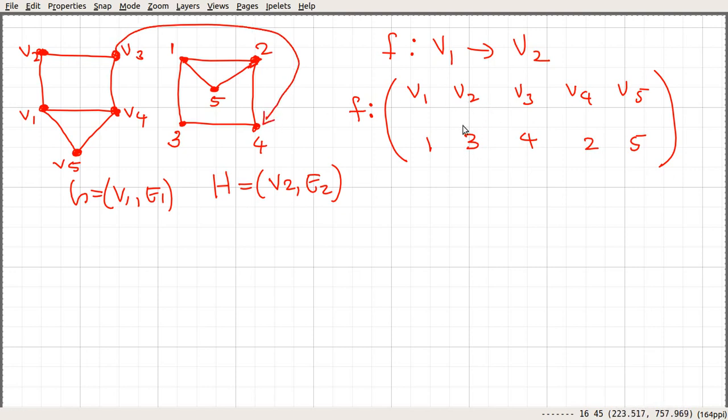That's the meaning of this representation. And V4 to 2.